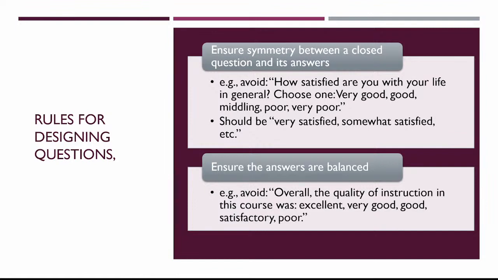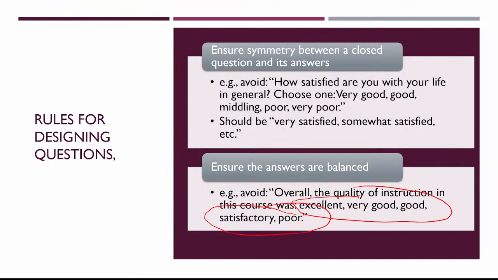Okay, yeah, ensure that answers are balanced in terms of your scale. So, like here: overall, the quality of instruction in this course was excellent, very good, good, satisfactory, poor. The obvious problem there is that if you cluster these, three of them are good, and there's only two poor.